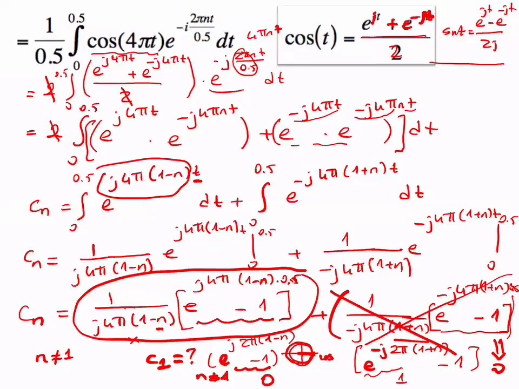Okay, so all the coefficients other than 1 will be 0, arkadaşlar. Cn's are equal to 0 other than C1. Then I'm going to come and find out C1.